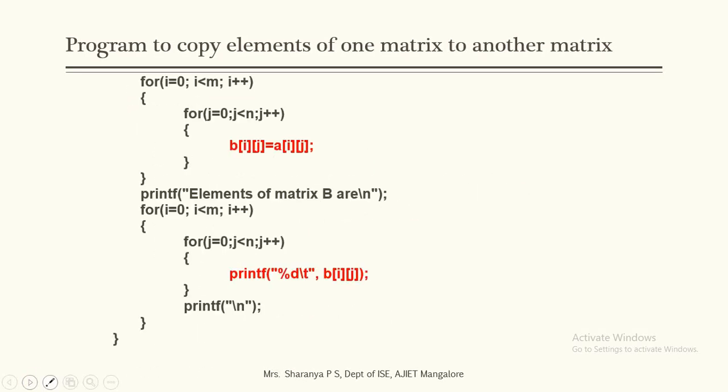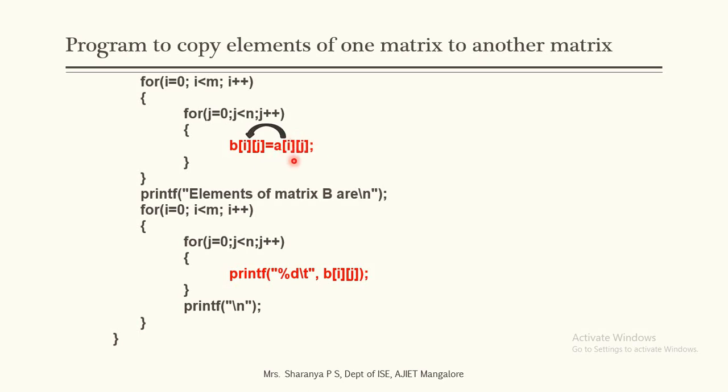The major task here is to copy the elements of the matrix A of ij into B of ij as it is. We are not changing the rows and columns order. That's why we have given the major statement as the content of A of ij.